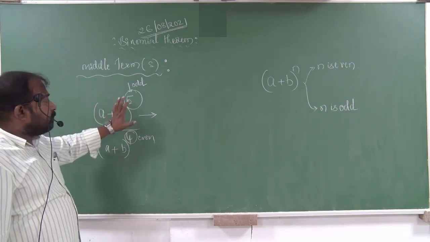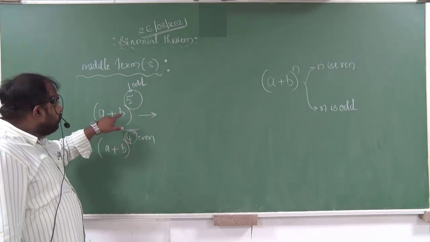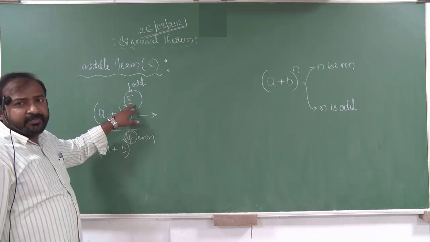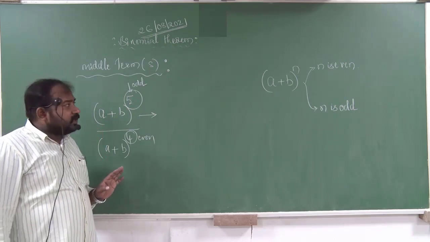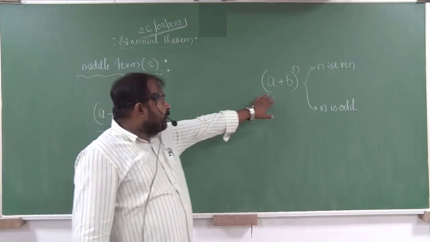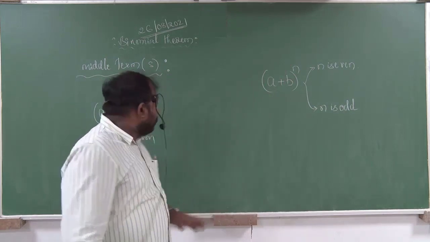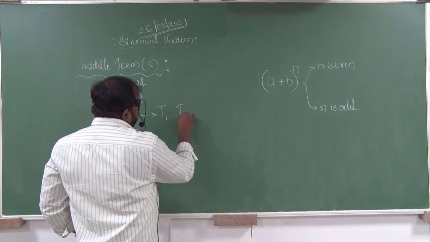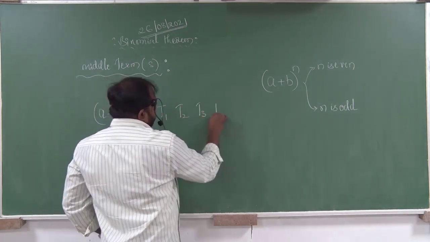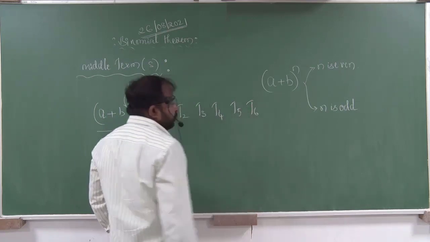What is the number of terms here? In this expansion, the number of terms is given by n plus 1. Anyway, here n is any positive integral value. In the expansion (a plus b) whole power n, the number of terms is given by n plus 1. So here in this expansion, how many terms can I get? T1, T2, T3, T4, T5, T6.